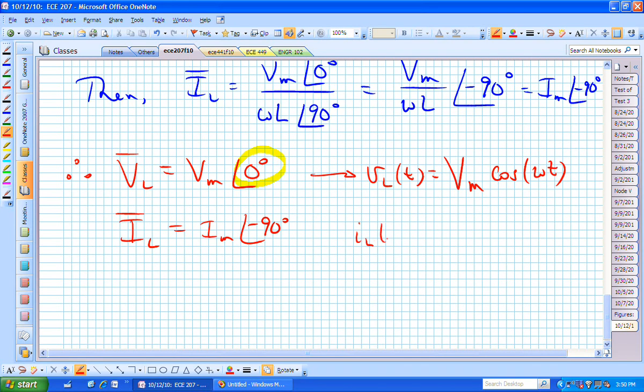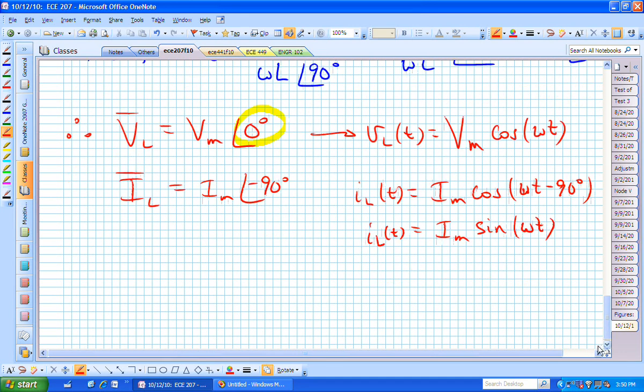And I sub L of t is I sub M cosine of omega t minus 90 degrees, from that phasor representation. If we want to deal with just sines and cosines without a phase shift, we could write that as sine of omega t for I sub L of t.